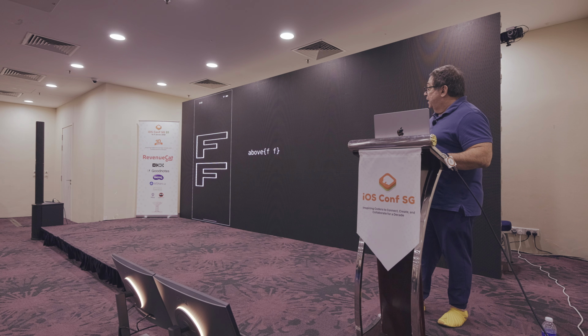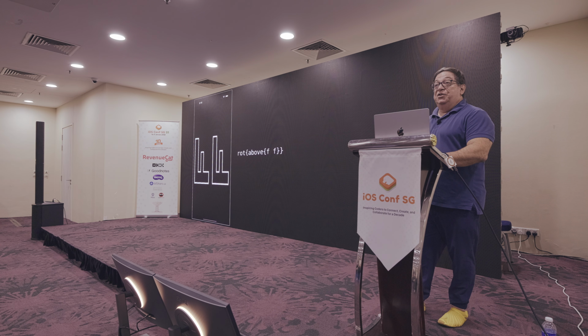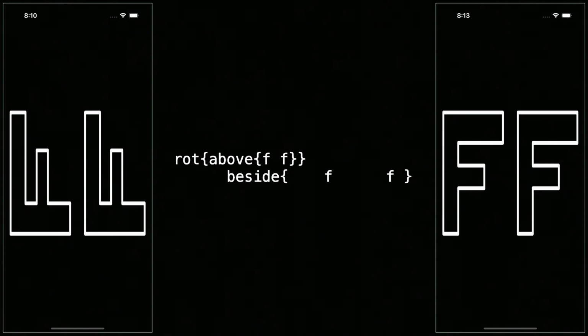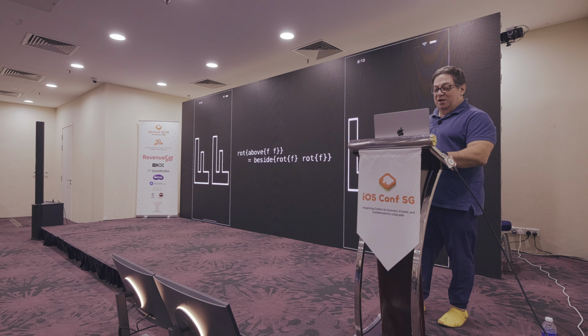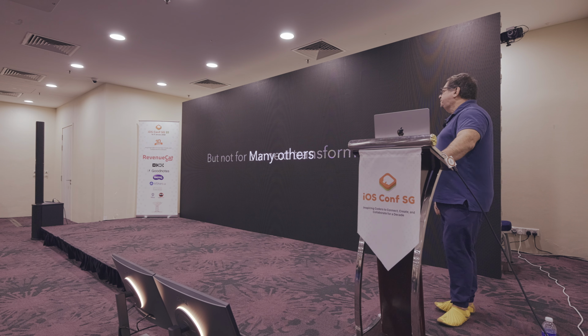If we have something with 5 rotations in it, we can take out 4 of them because 4 in a row do nothing. Another rule is if I have F above another F and I rotate that whole thing, that's the same thing as if I have 2 Fs beside each other, but first I rotate each one of them. And there's a ton of rules like this, and that's what a language has. It's an algebra. So there's many others.